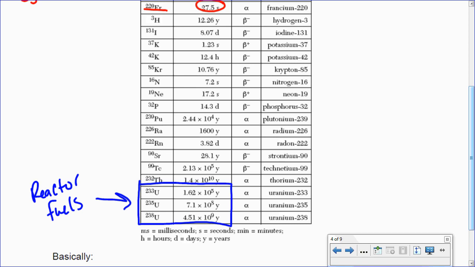Let's say we have a uranium fuel rod of 10 kilograms of uranium-233.